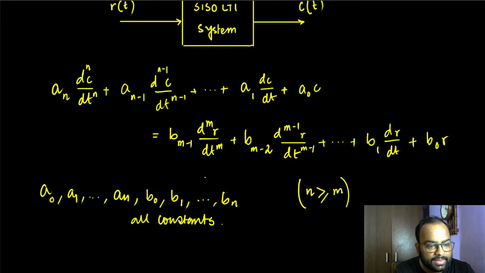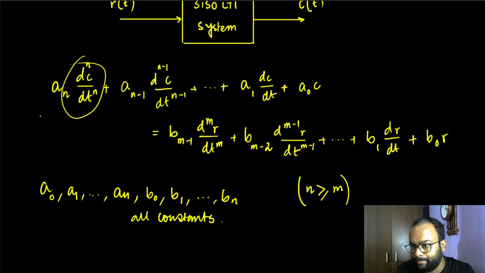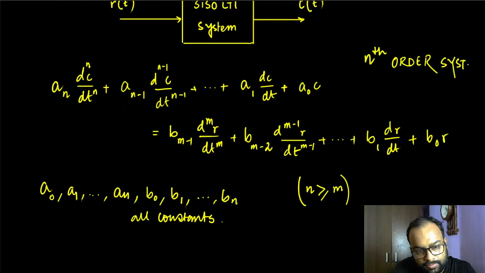That is the definition of the order of the system, and you already know that the derivative order of the output determines the order of the system. In the transfer function model, in the denominator we shall have s to the power n. So the system would be an nth order system.